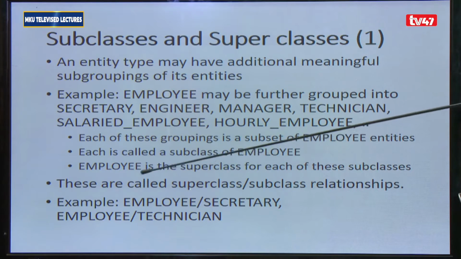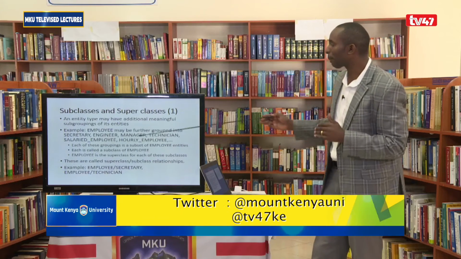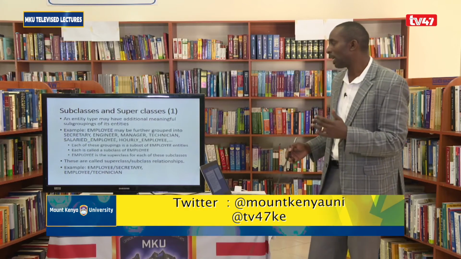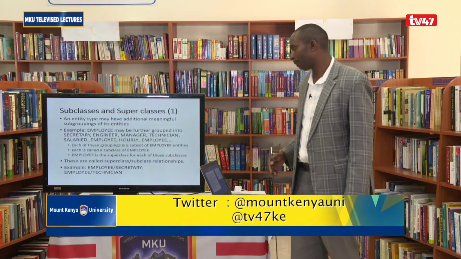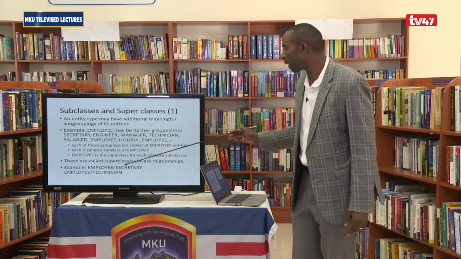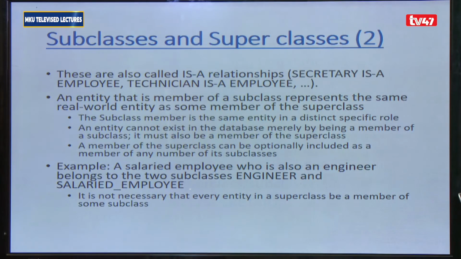These are called superclass-subclass relationships. That is how they relate. The superclass employee with the subclasses secretary, engineer, that's the superclass-subclass relationship. So an employee can be a secretary, can be a technician, and so on and so forth.